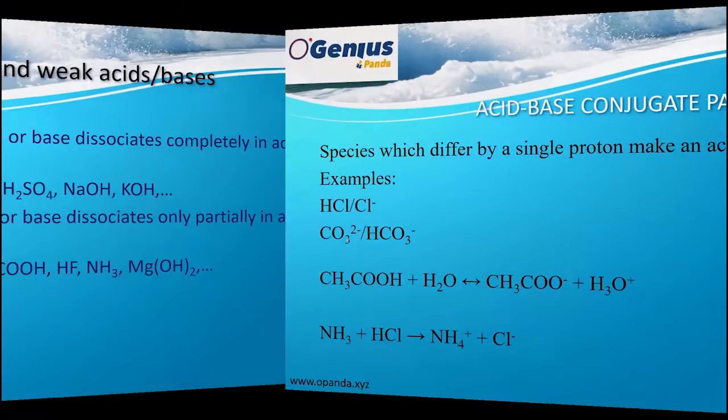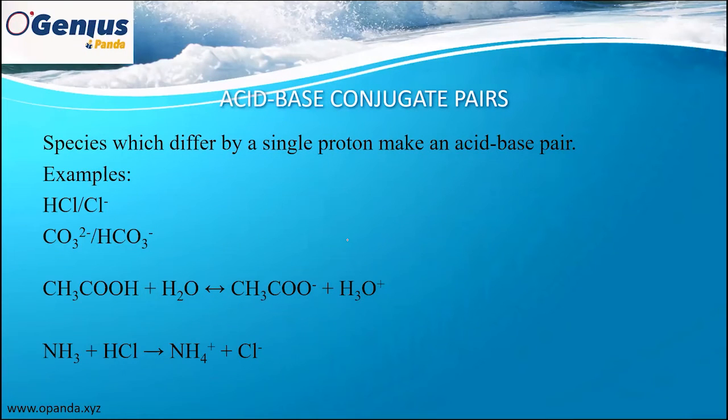According to Bronsted-Lowry theory, there is also what we call an acid-base conjugate pair. When we have two species which differ by a single proton, those two species make what we call an acid-base conjugate pair. For example, HCl and the chloride ion is a conjugate pair.